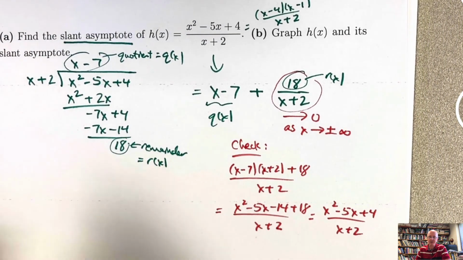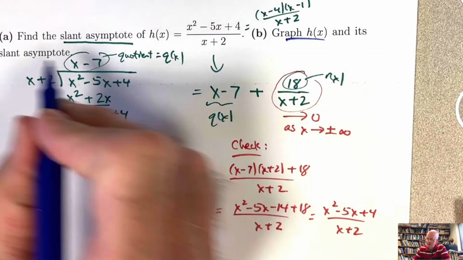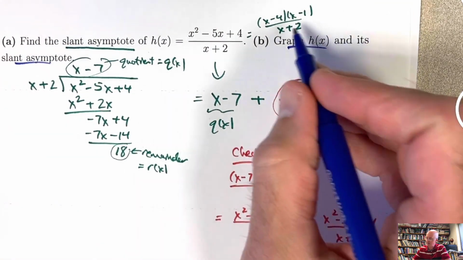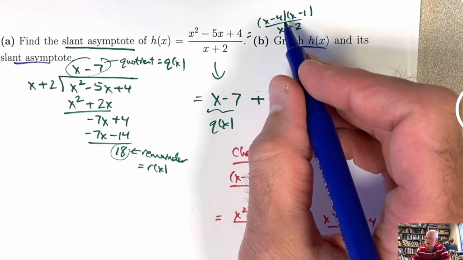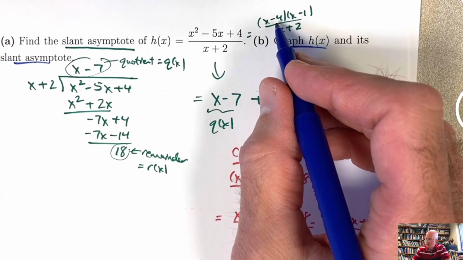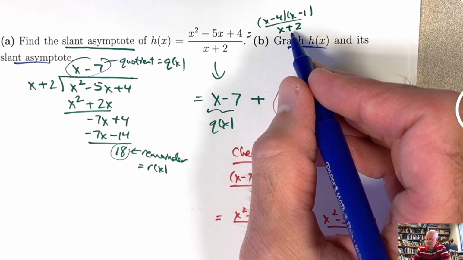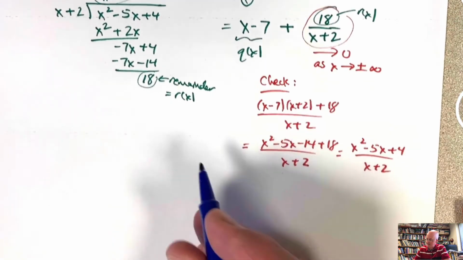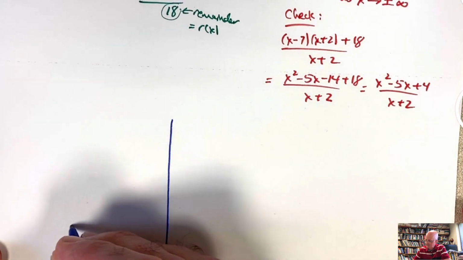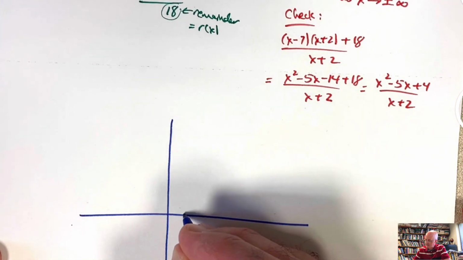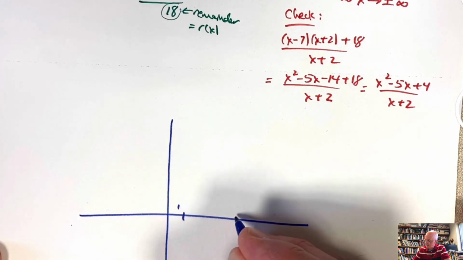Part B, we want to actually graph h of x and its slant asymptote. That's fairly easy. We also have h of x in factored form on the top and the bottom and nothing canceled. The x-intercepts of h are going to be 1 and 4, and the vertical asymptote is going to be at -2. And I want to draw the slant asymptote in there as well. So let's quickly make a graph. Again, the x-intercepts are at 1 and 4, right about here and here.